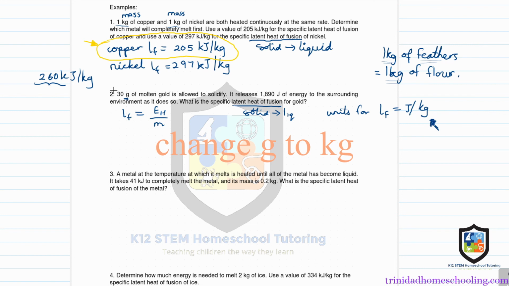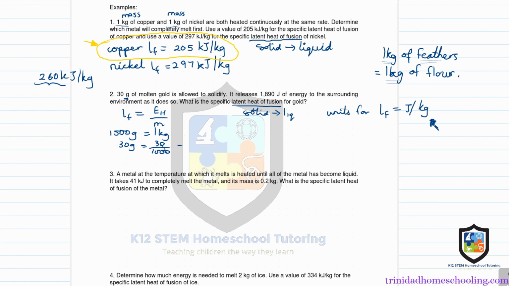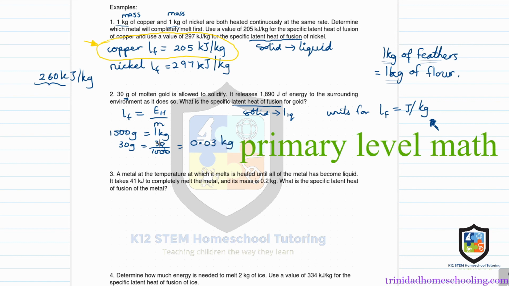So we are going to convert this 30 grams into kilograms. 1000 grams is equal to 1 kilogram. 30 grams will be 30 divided by 1000, which is 0.03 kilograms. We move the point 2 places to the left.